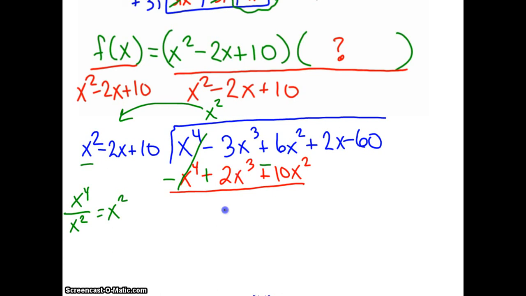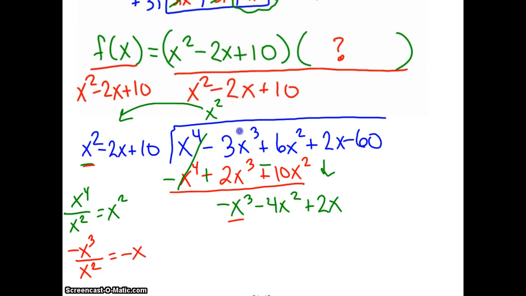x to the fourth cancels. I get negative x cubed minus 4x squared. Bring down the 2x. And you do it all over again. First one on the inside, negative x cubed, divided by the first one on the outside, you get negative x. Distribute.